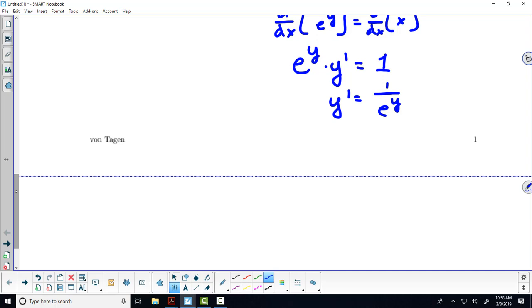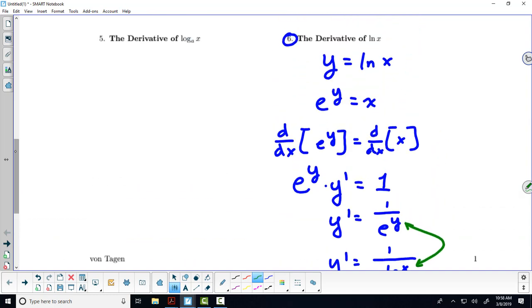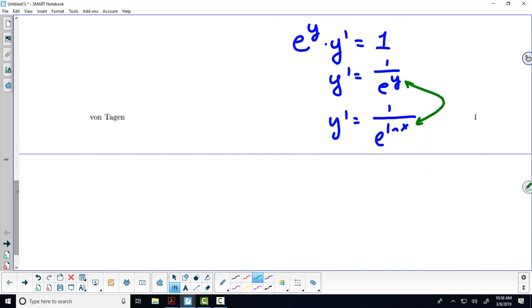Well, what does y equal? Natural log of x. So we can replace the y here with the natural log of x. Does everyone see that substitution? Again, because we started off with the equation y is equal to the natural log of x, if I see a y, I can replace it with the natural log of x.